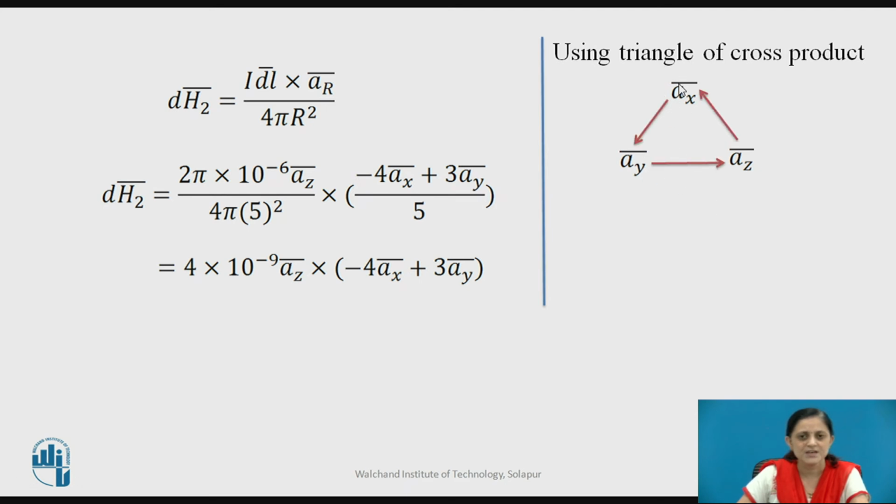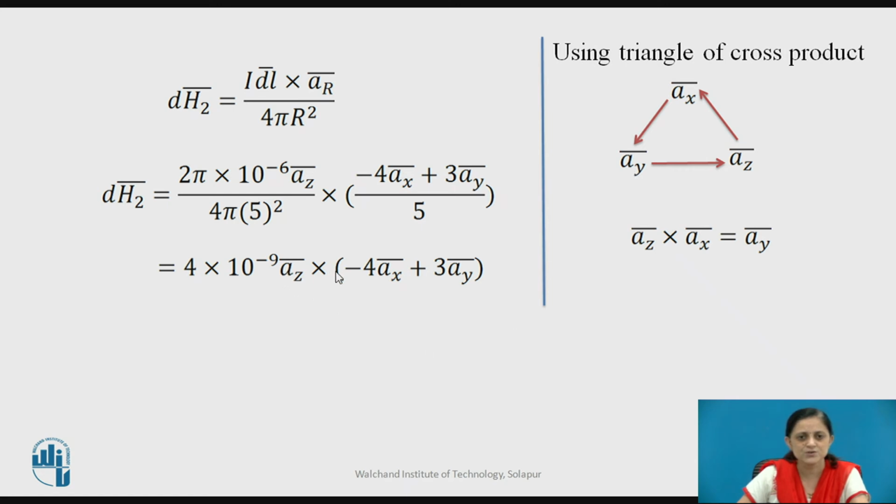So here a bar x cross with a bar y is equal to a bar z, whereas a bar y cross with a bar z is equal to a bar x, and a bar z cross with a bar x is equal to a bar y. So in our case a bar z cross with a bar x is required. So let us check what it's given.